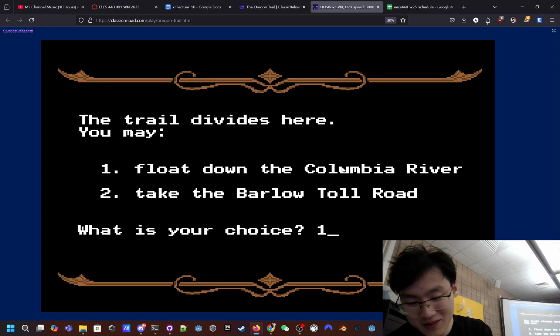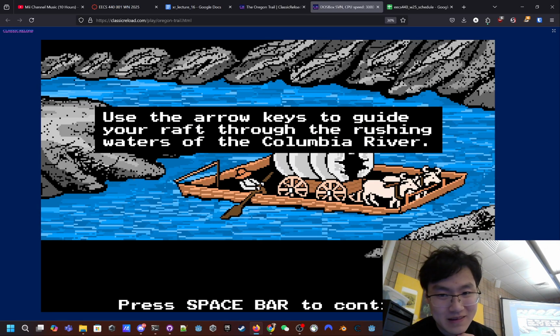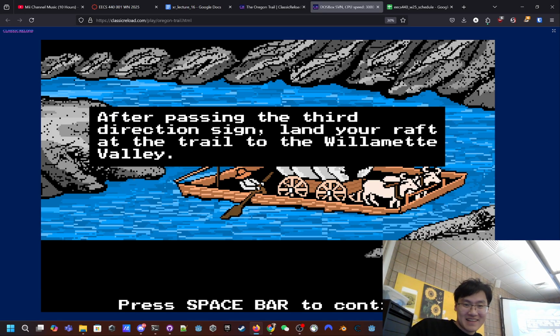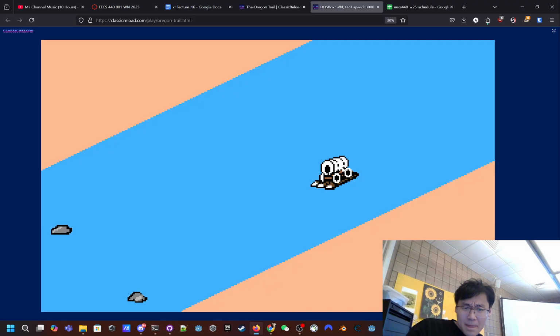Okay? Nobody. Use the arrow keys to guide your raft through the rushing waters of the Columbia River. What the heck? Minigame time. After passing the third direction sign, land your raft at the trail to the Willamette Valley. Third direction sign.